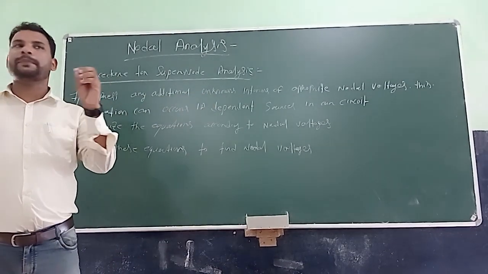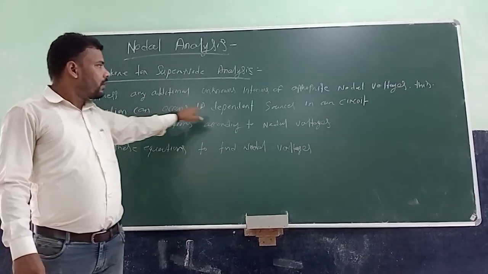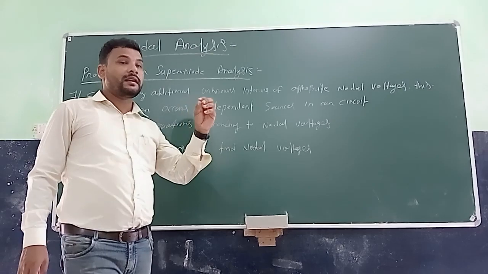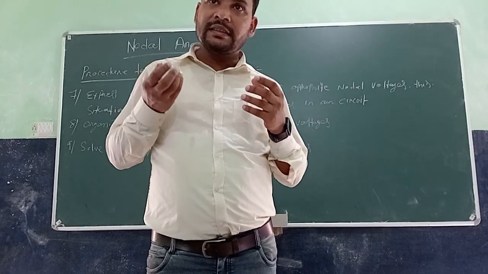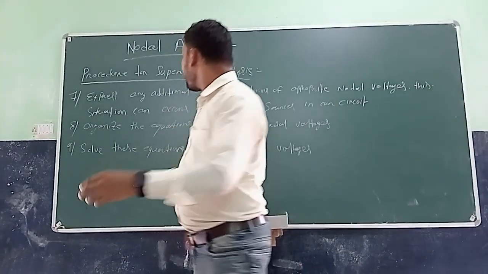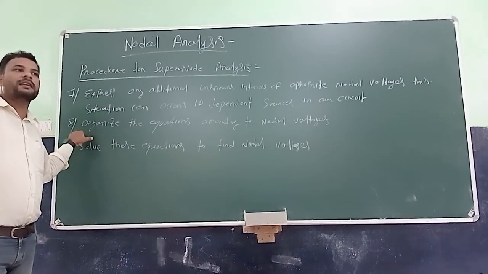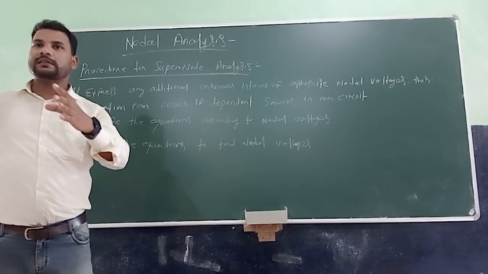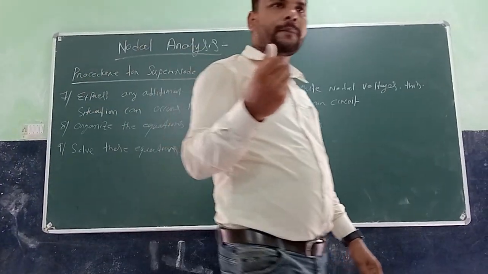That means any dependent current or voltage sources, of course, we have to express in terms of the appropriate nodal voltages. Then number 8, similar to nodal analysis: organize these equations in terms of nodal voltages for finding the nodal voltages. Okay.